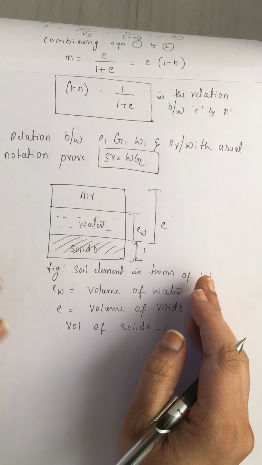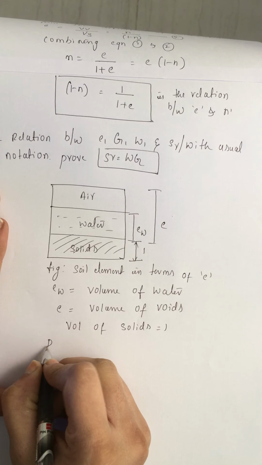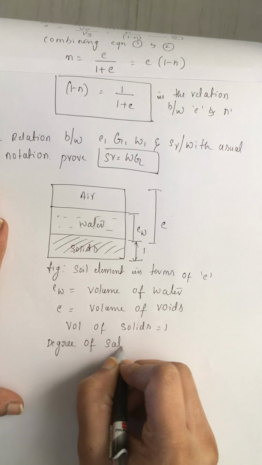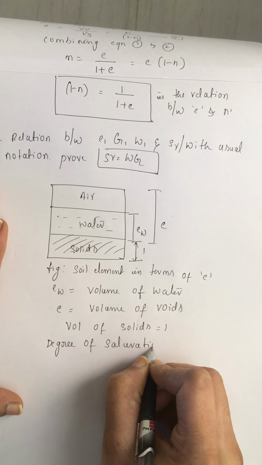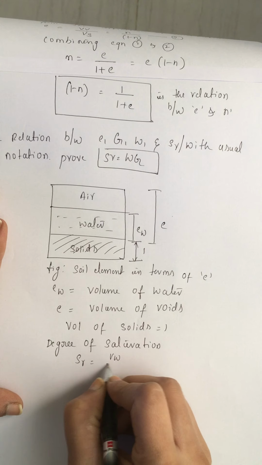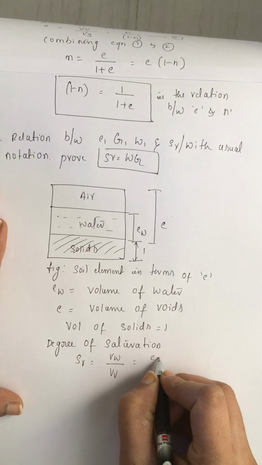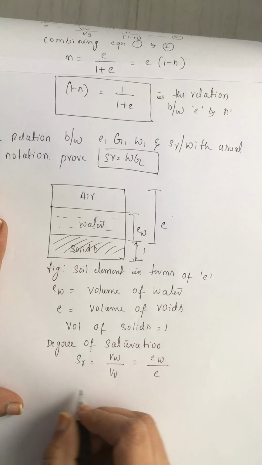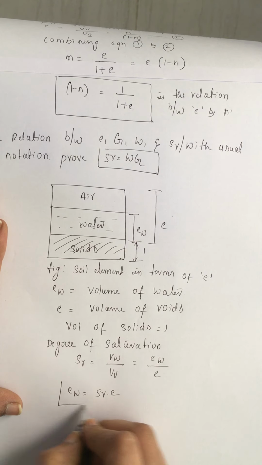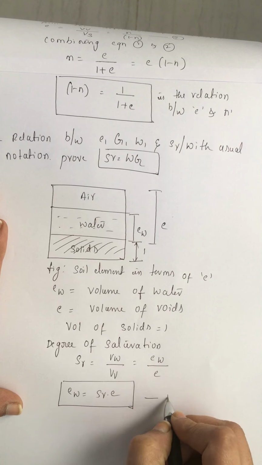So degree of saturation is written as Sr is equal to Vw by Vv, that is ew by e. ew is equal to Sr into e. You can call it equation 1.